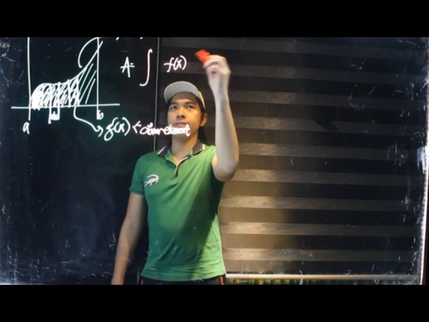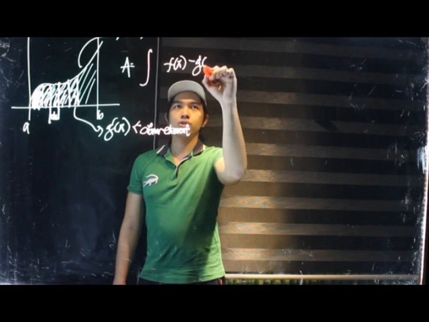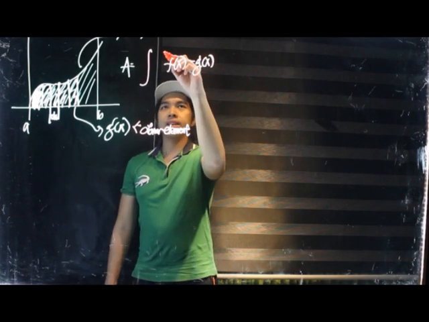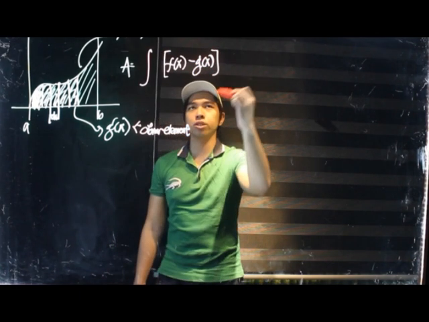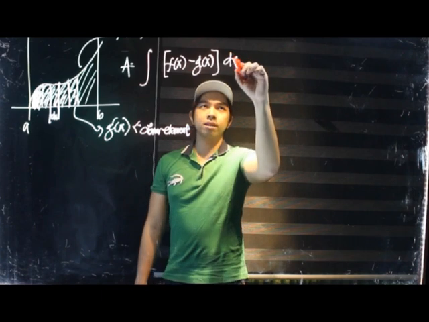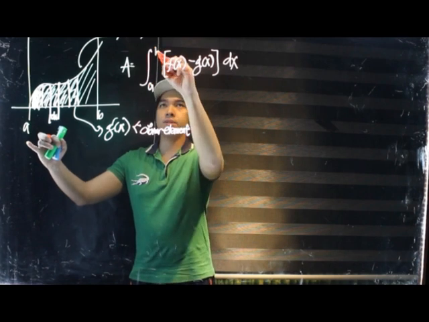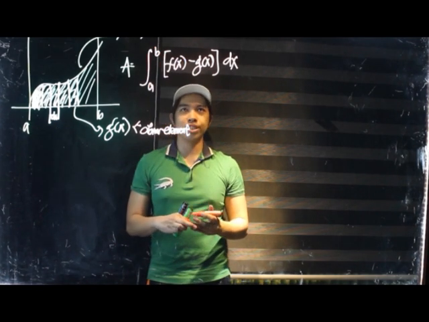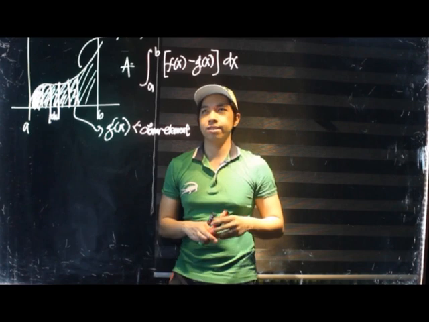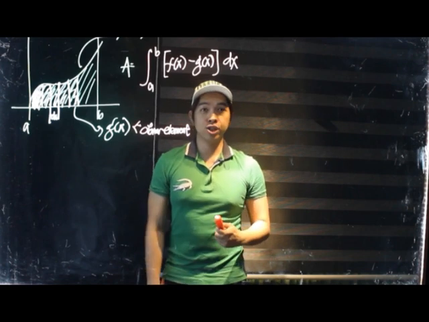So that would be f of x minus g of x, integrating both functions with respect to x, dx, running from the limits a to b. So that would be our first thing to consider for this kind of equation.